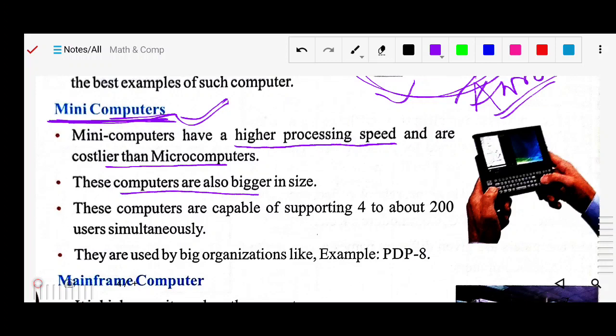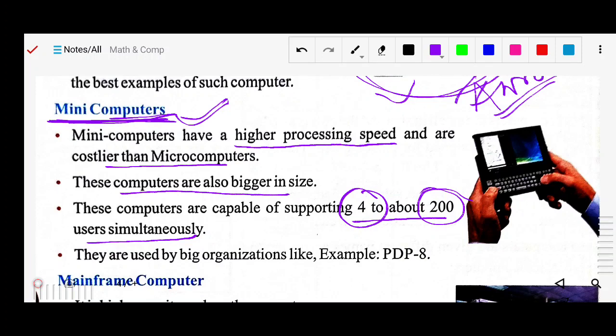These computers are bigger in size. They are capable of supporting 4 to 200 users simultaneously. Earlier in the microcomputer only one or two users work at a time, but here 4 to 200 users can work simultaneously, and it's quite faster than a microcomputer, and also costlier.